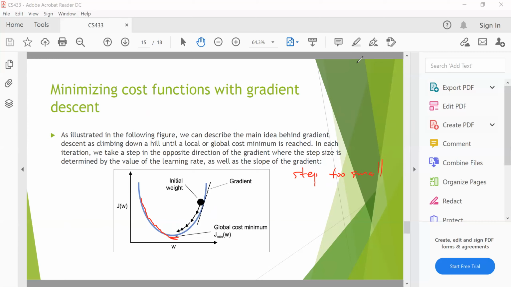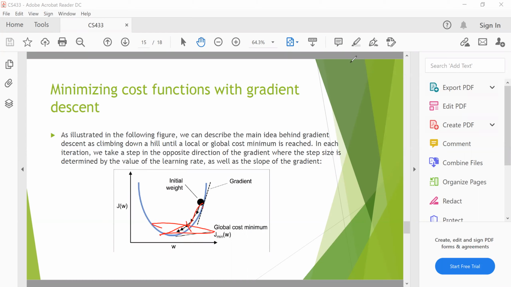But if the step is too big, suppose each time you take a step like this, then maybe it can cause some problems. If I define the step as this big, then the next step, you will find it's going to overshoot.